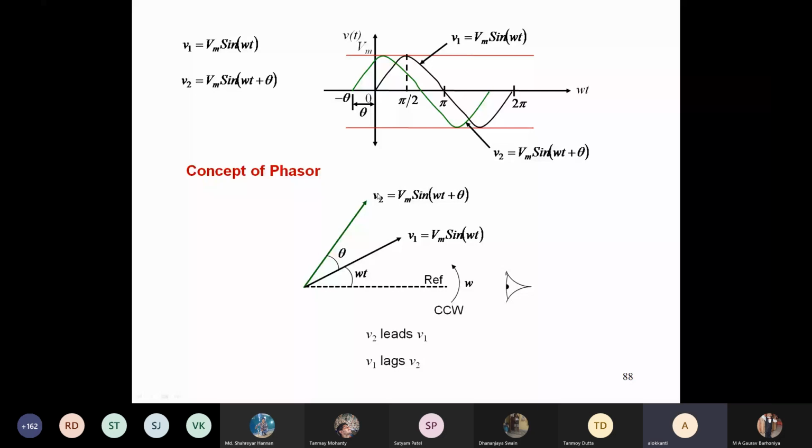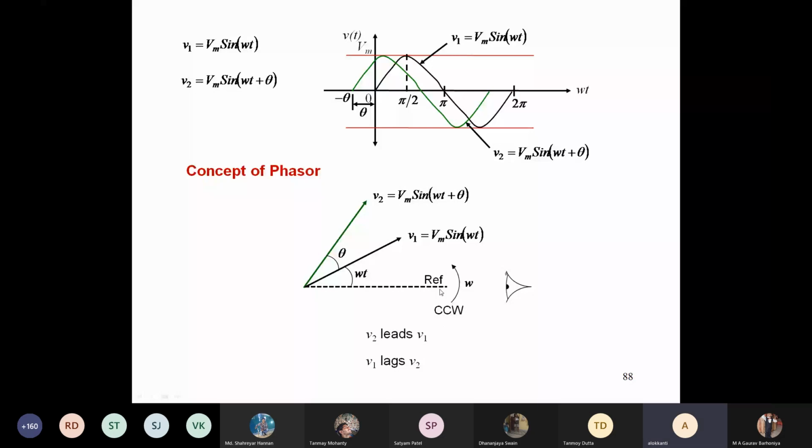This will now gradually come. We cannot do a phasor diagram with different frequencies. Their frequencies have to be the same, and once they are the same, this theta will determine which one is ahead and which one is lagging. So we can say that V2 leads V1, or alternatively that V1 lags V2, because the concept comes from here: assuming all the phasors are rotating in the counterclockwise direction, and there is a reference, all measurements are done with respect to that reference.